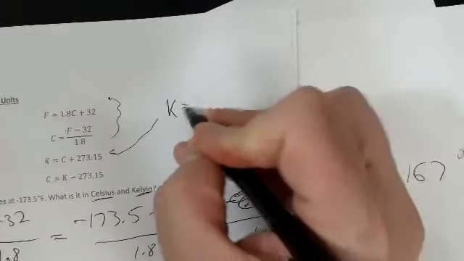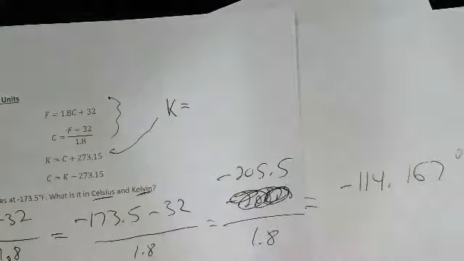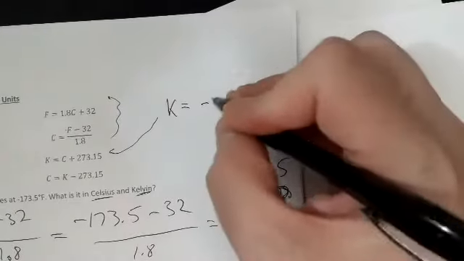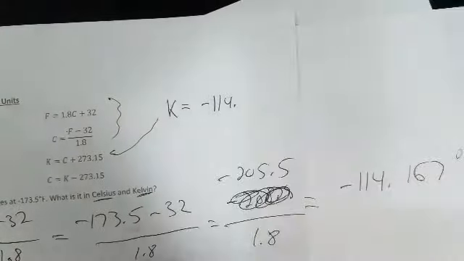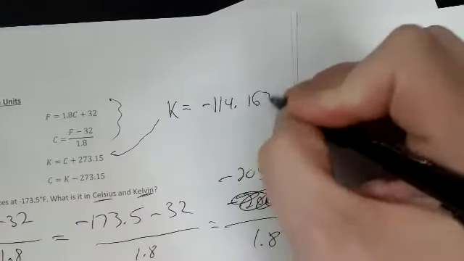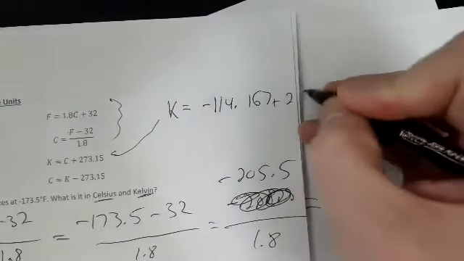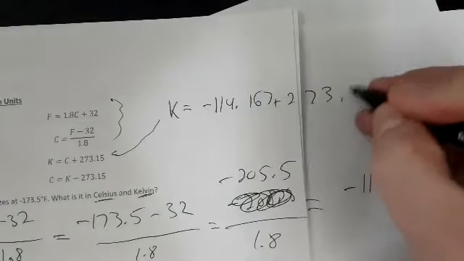So we want to solve for Kelvin. We have our Celsius. Our Kelvin is equal to Celsius, which is minus 114.167. And I'm going to add 273.15 to that.